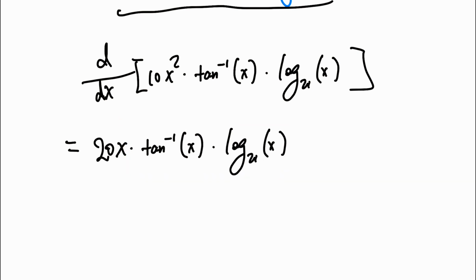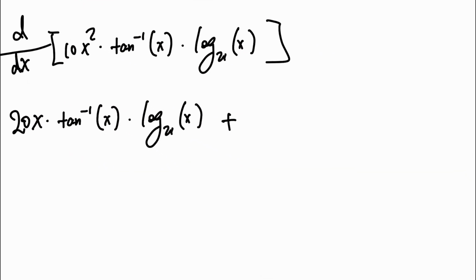So 20x times this, plus this other middle one, we need to have 10x squared log of 21x, and the derivative with respect to x of inverse tangent of x is 1 over x squared plus 1.